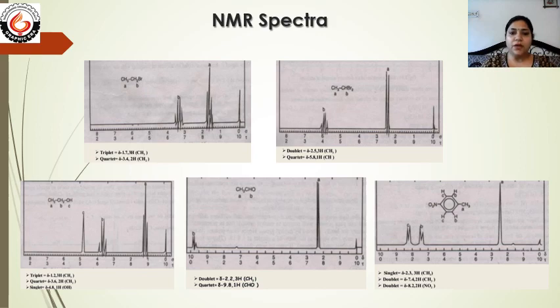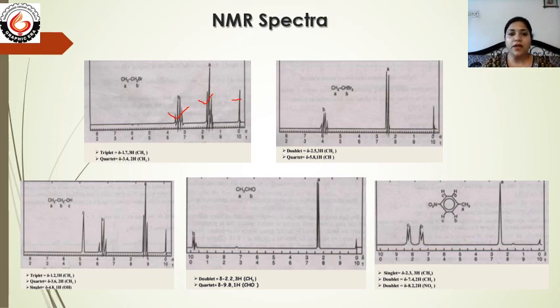Here you can see that there are two main signals, one between 1 and 2 and another between 3 and 4. This one is the first and this one is the second. Here you can see that this one is for TMS. The first one is always for the TMS.